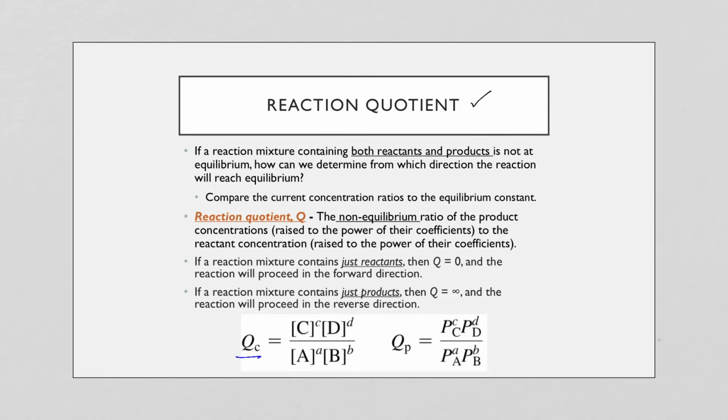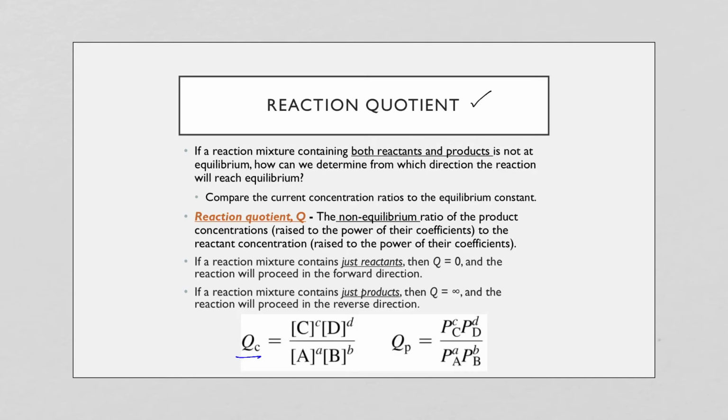And so, if we are starting with a reaction, specifically this is most useful if you have both reactants and products. Now, we'll apply this idea just to understand it as well in reactions where we start with just reactants or just products, and we'll see how Q would help us understand that.